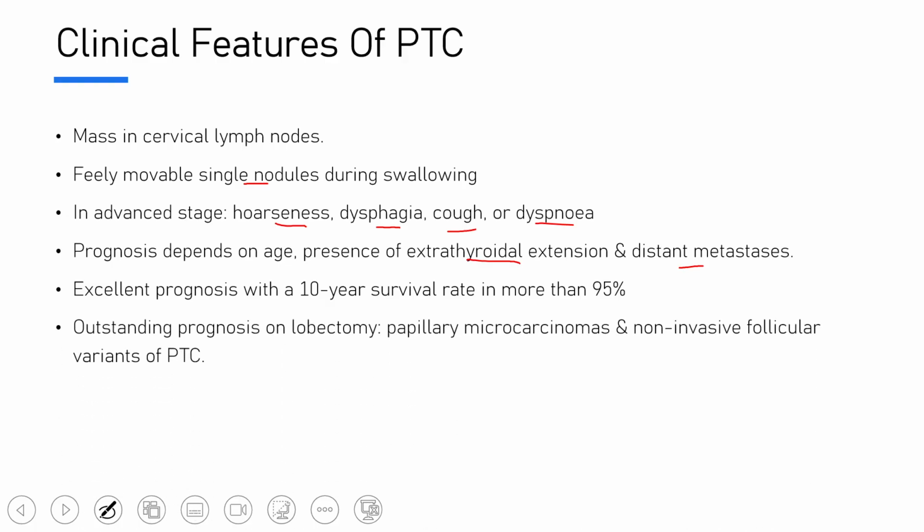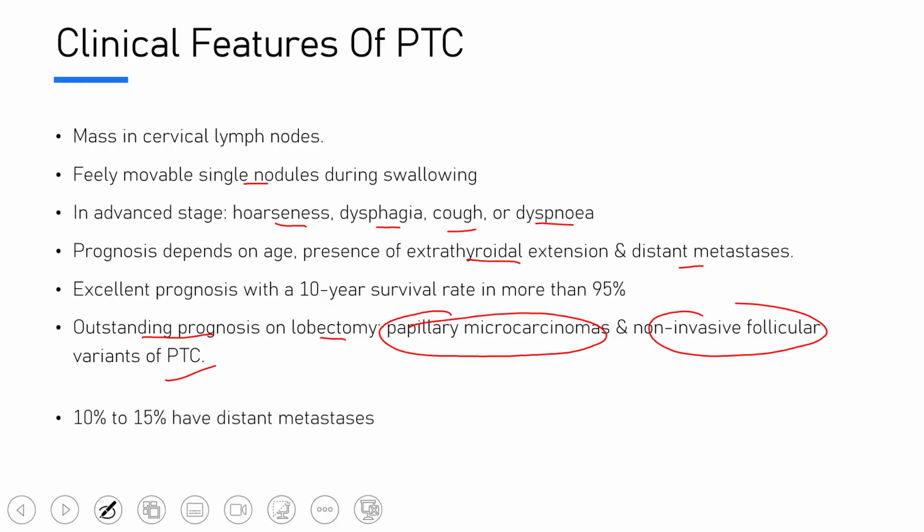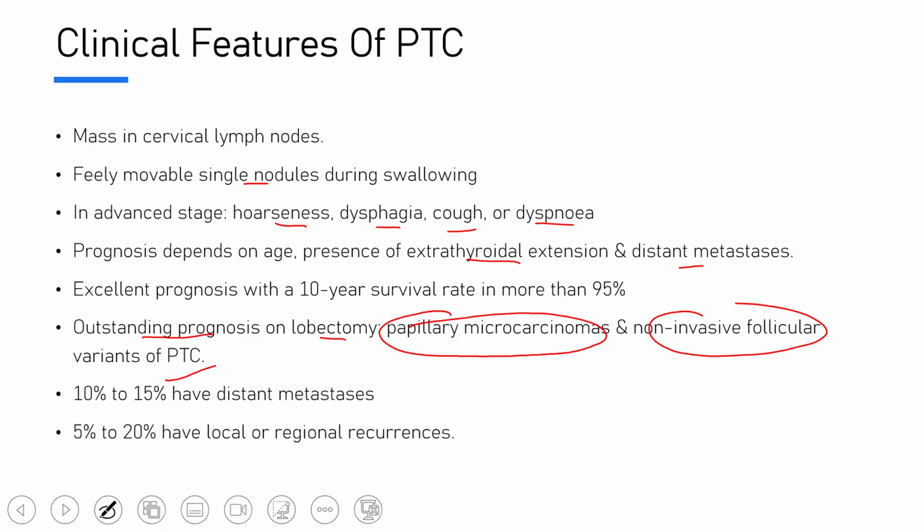Papillary microcarcinomas and non-invasive follicular variants of papillary thyroid carcinoma have outstanding prognosis on lobectomy. Also there is 10 to 15% metastasis to distant sites, and 5 to 20% have local or regional recurrence.